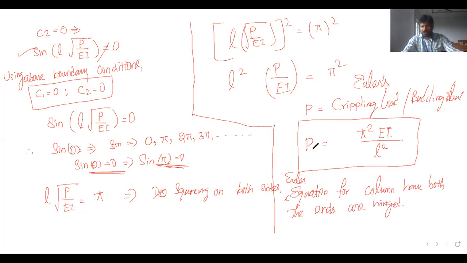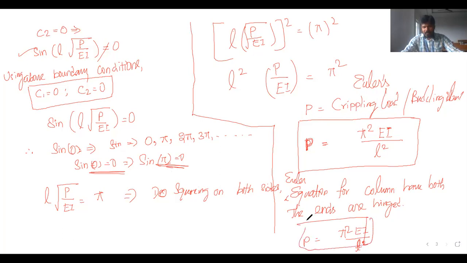So this is the equation: P is equal to pi squared EI by L squared. In general, Euler's equation is nothing but pi squared EI by L squared.